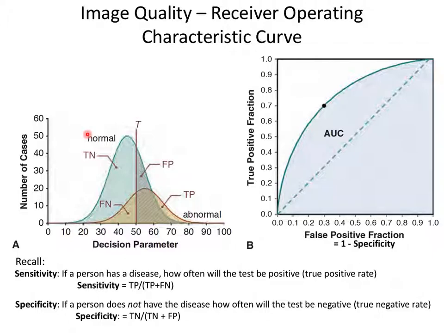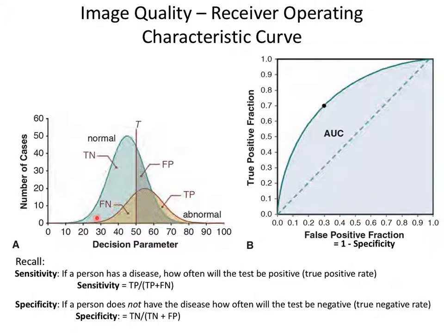So if I put the threshold up here, right, that would mean I'm a more, say, conservative observer in the sense that I really need to see a high stenosis rate, say above 70, before I call somebody positive, right? So I only send this group above 70, this number of people.